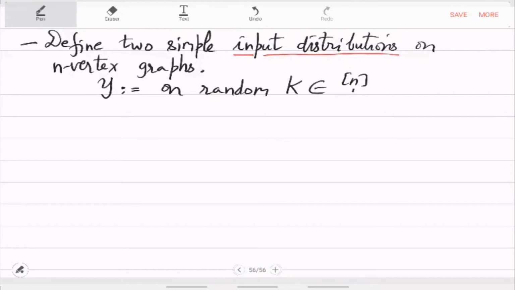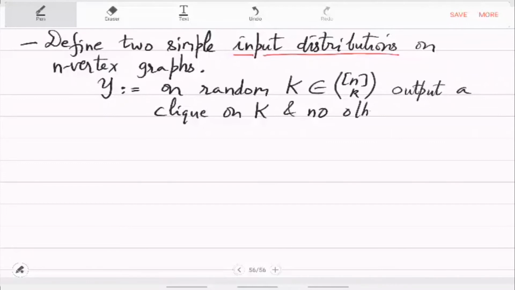So on a random subset, output a clique. And no other edges. So these are the yes instances, yes instances with unique k clique.